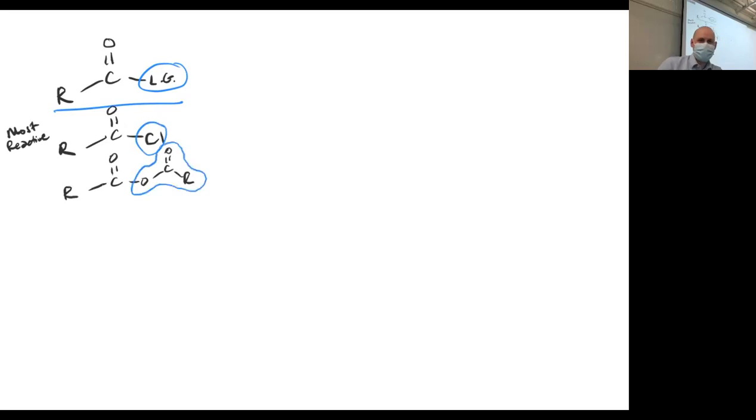Anhydrides are symmetrical, but they've got what looks like a carboxylic acid here. It's almost like a double ester, but what they've got to kick off would be a carboxylate. And in both of these cases, those things are pretty good leaving groups. And so you have a really, really, really reactive carbonyl.